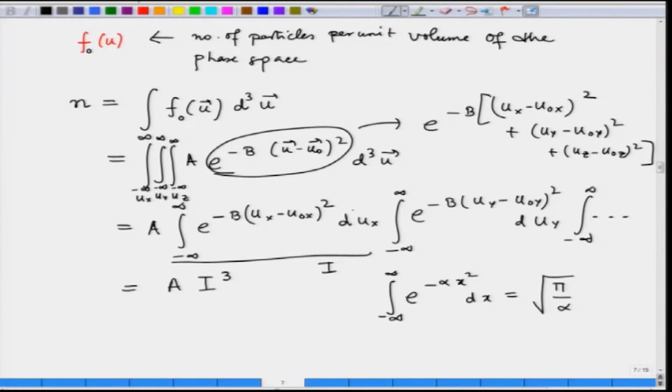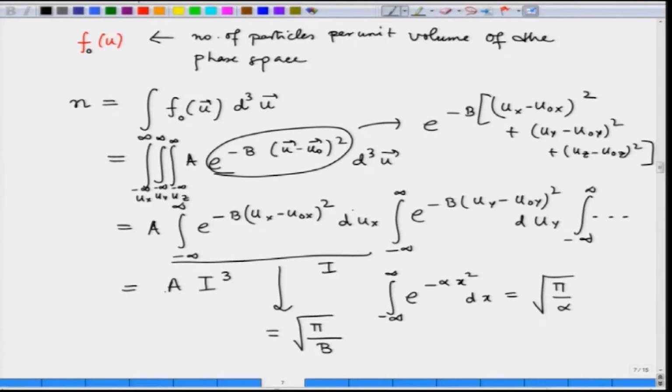If you substitute this over here, you can see that I is equal to root over pi by b.